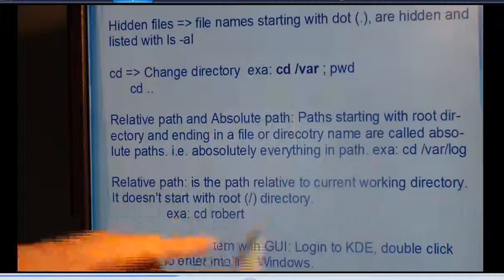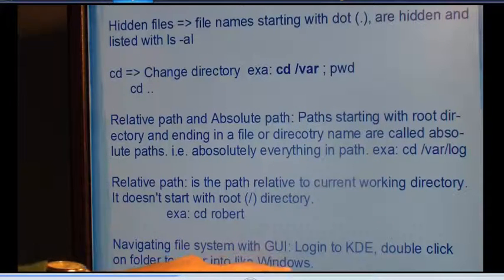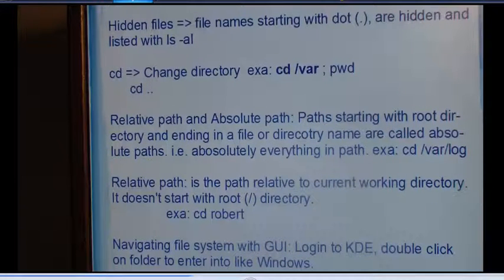So this GUI program for Unix is similar to or looks like Windows. Okay, so that is the way you can navigate. You can create a folder, enter into a folder, come out of a folder. That is called navigating using a graphical user interface like the desktop or KDE.